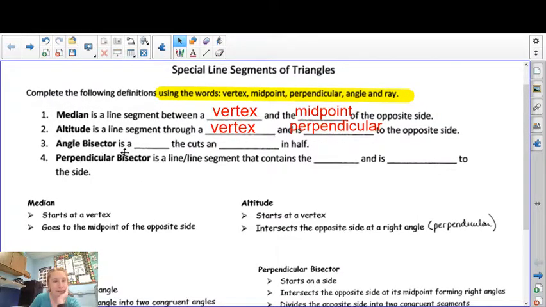An angle bisector is a blank that cuts an blank in half. I think that's supposed to say "that," not "the." So you'll have to say "an" in front of the word blank.